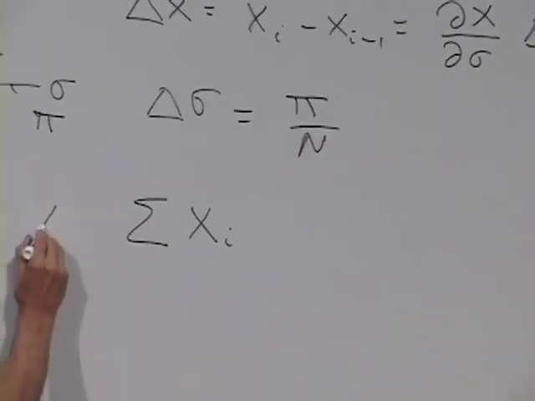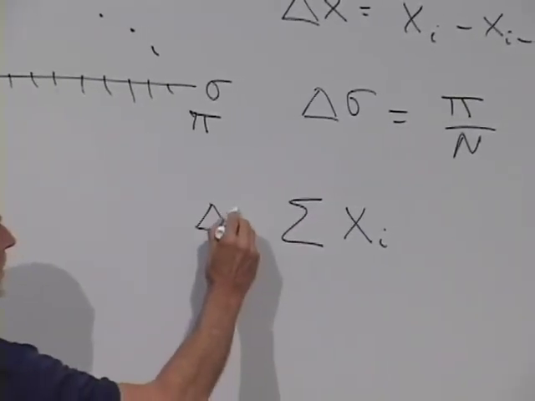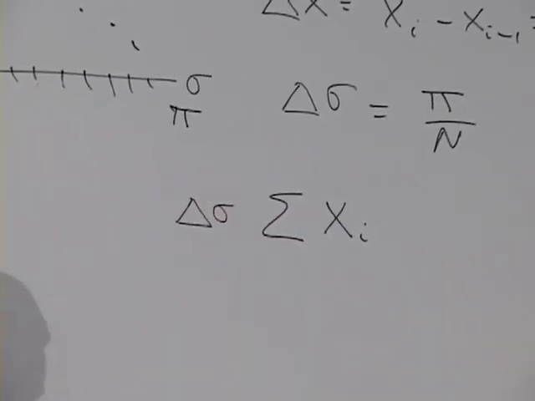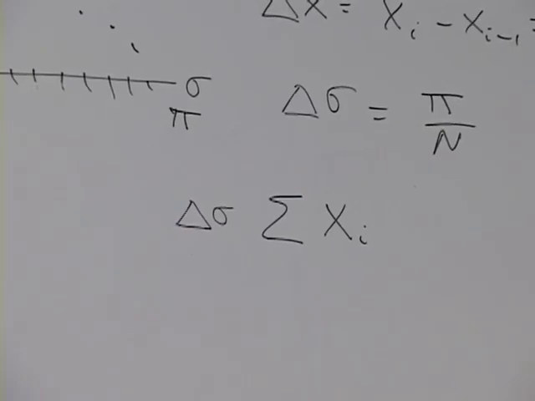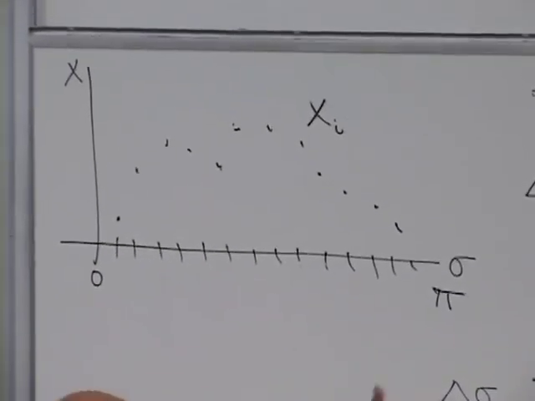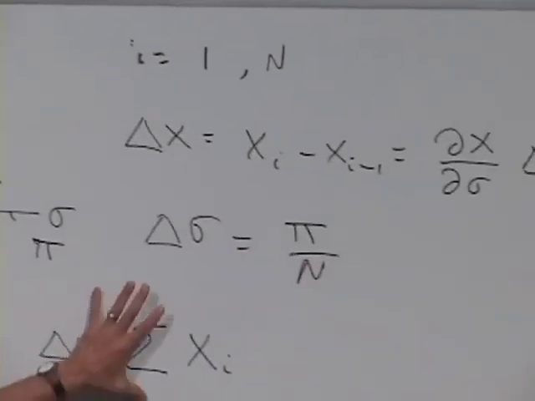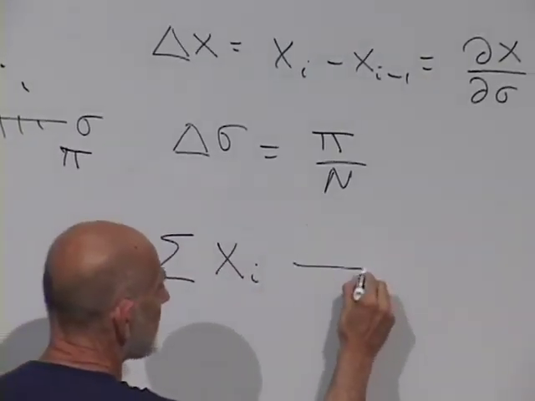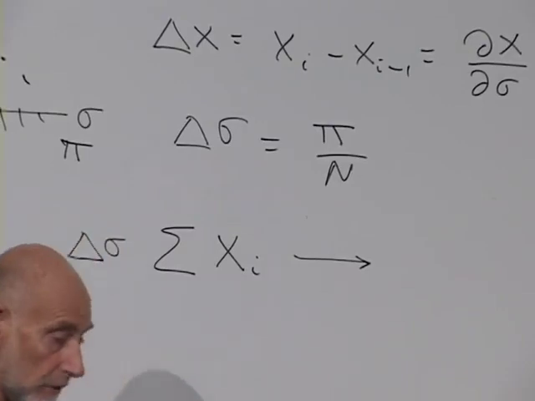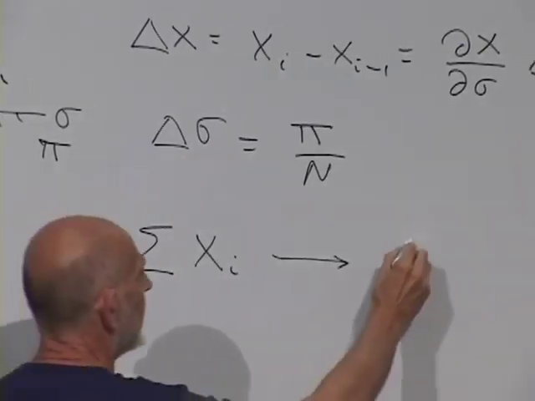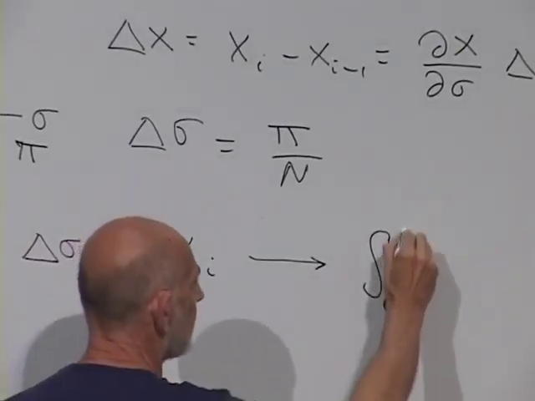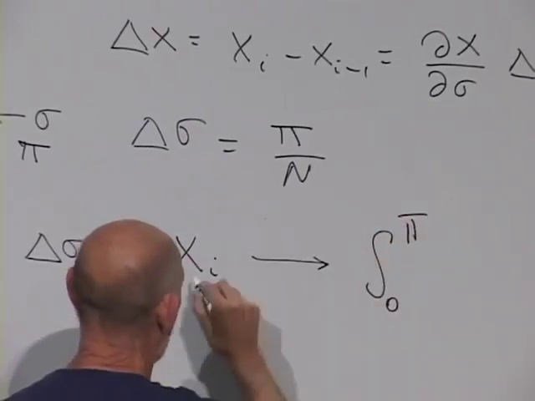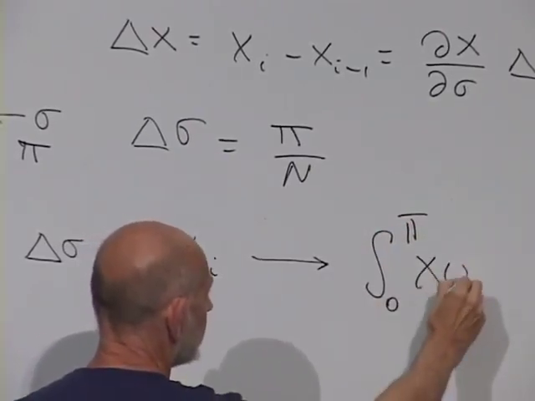Well, if you multiply it by delta sigma, which is pi over n, this becomes, in the limit, the integral from 0 to pi of x of sigma.